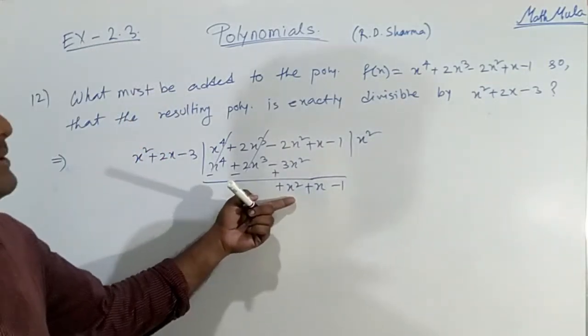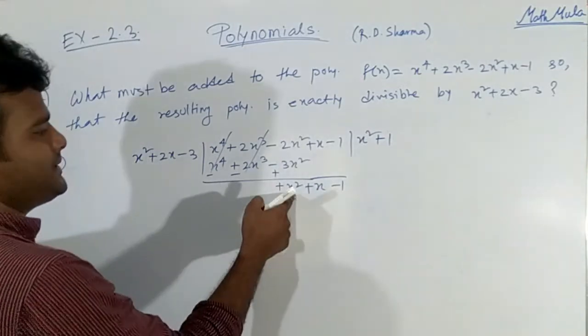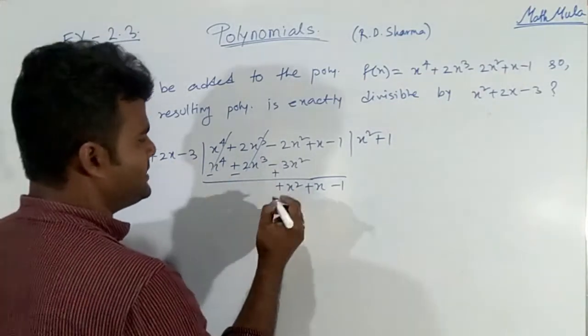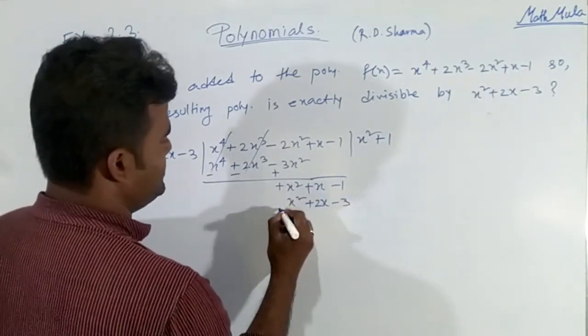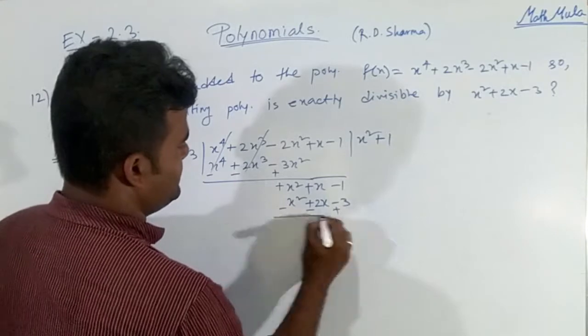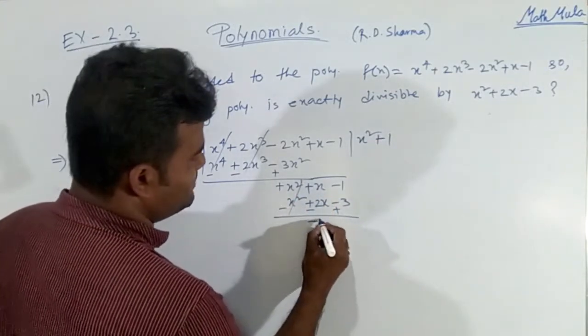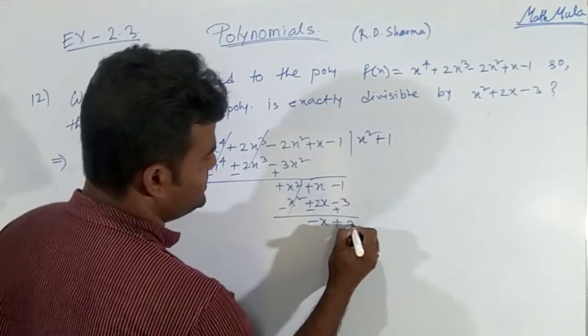The coefficient of the leading term is 1. So we multiply only by 1 because this is x square and this is also x square. If we multiply x square by 1, then we get x square plus x minus 1. Now subtract it. Plus minus will be minus, that is minus x, and this is minus plus, it will be plus 2.